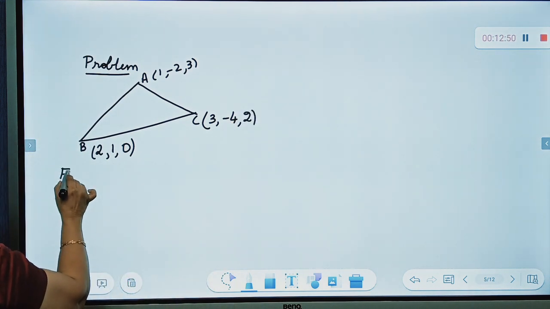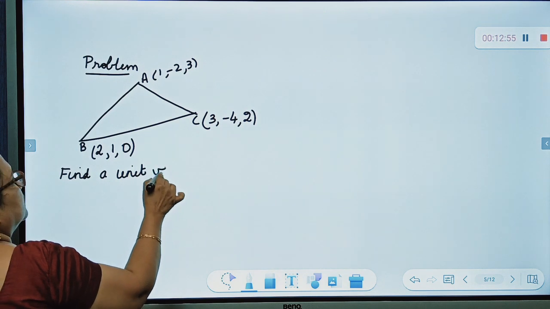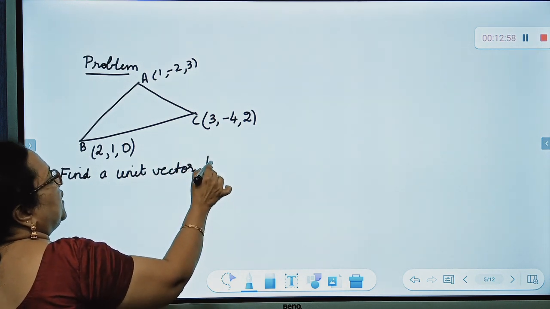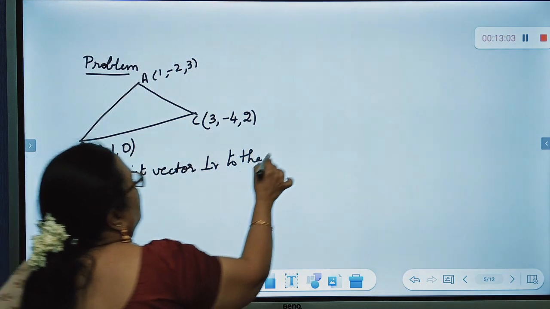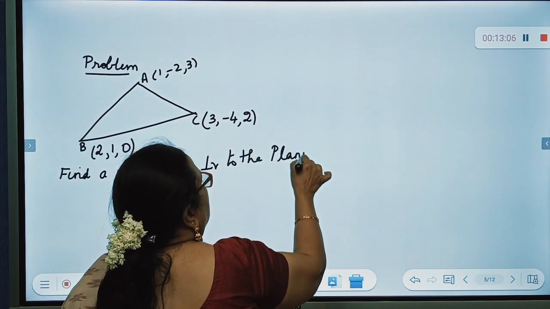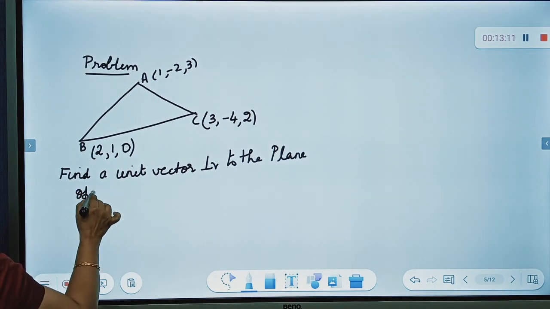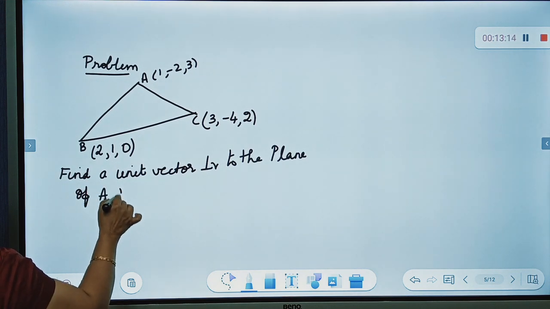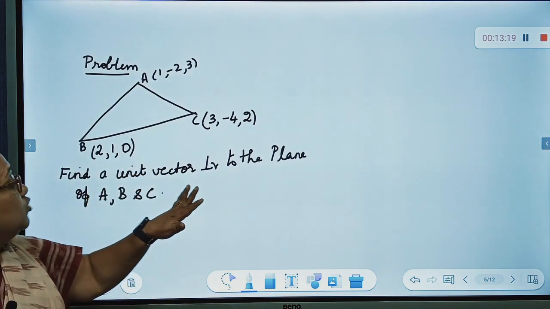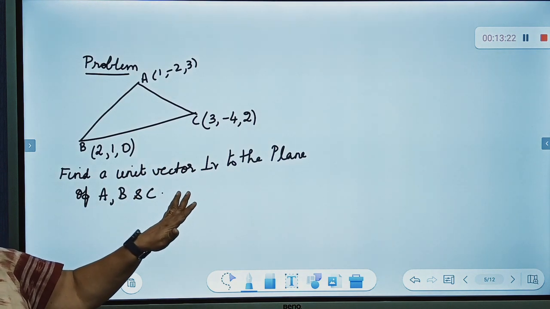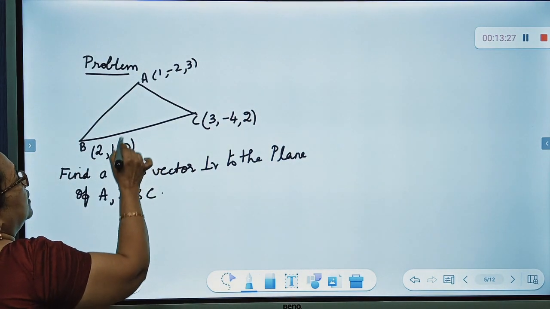You have to find a unit vector perpendicular to the plane of A. You have to find a vector which is a unit vector perpendicular to the plane containing A, B and C. I have already mentioned the direction in my earlier video.